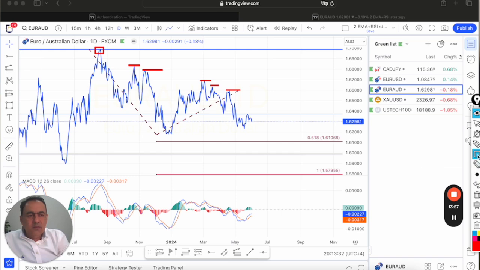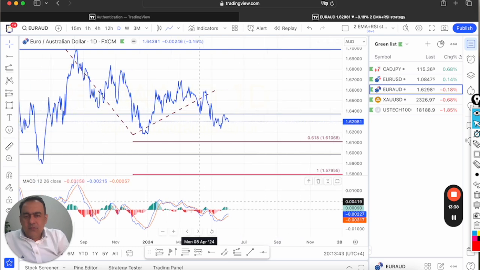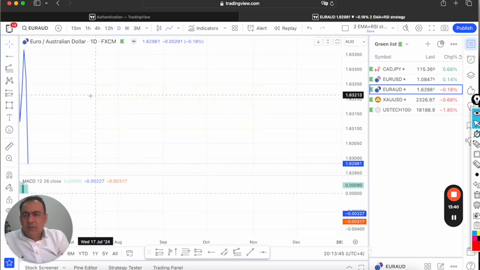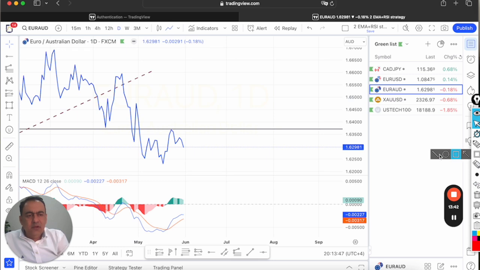And this is a major area of resistance, which is also the Fib retracement 23% mark on the bigger cycle. Now if you notice, I'm going to zoom in. The buyers tried to break this resistance, but they failed. There was a break, retest, and now I can see that the sellers are taking it lower.